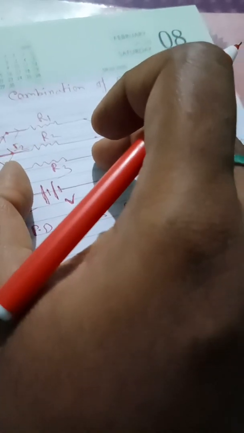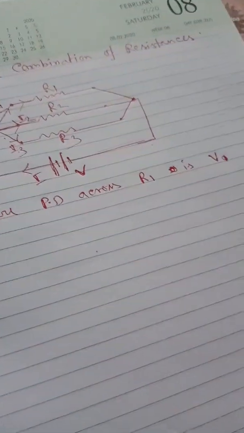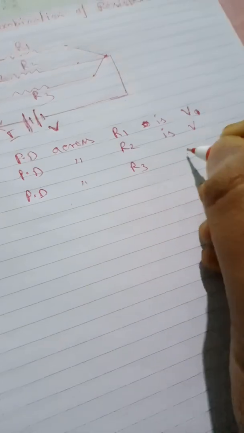So the potential difference across the two ends of the battery and the potential difference across the two ends of R1 will be the same, two ends of R2 will be the same, two ends of R3 also the same. So here the potential difference across R2 is also V, and potential difference across R3 is also V.